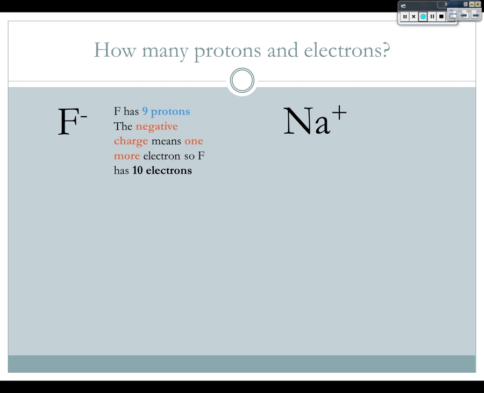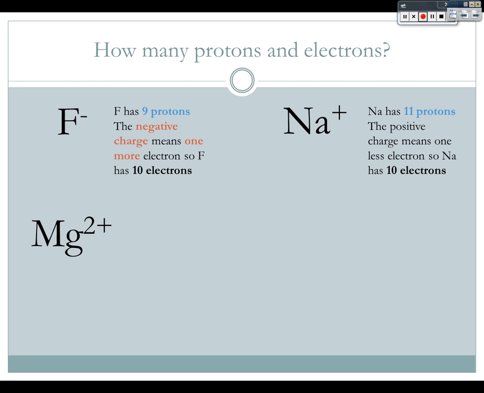Now let's look at sodium, Na+. Sodium has 11 protons, according to the periodic table. That plus symbol means that it is positively charged, meaning we lost an electron, or we lost negativity. So a neutral sodium atom would have 11 electrons, but since we lost one, we should only have 10 electrons. So 11 protons, 10 electrons.